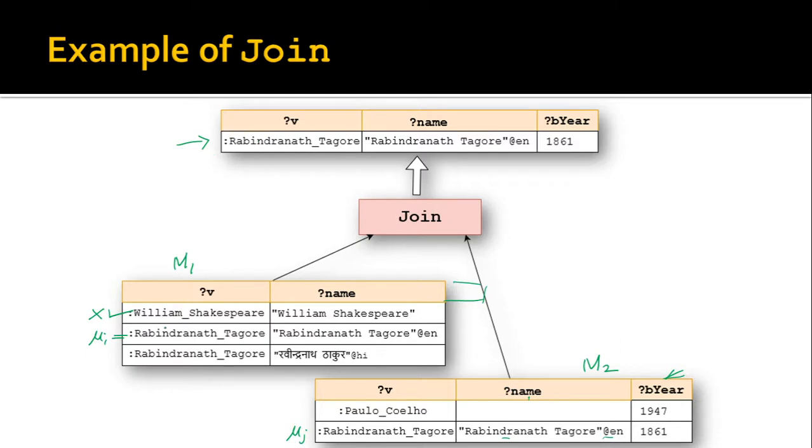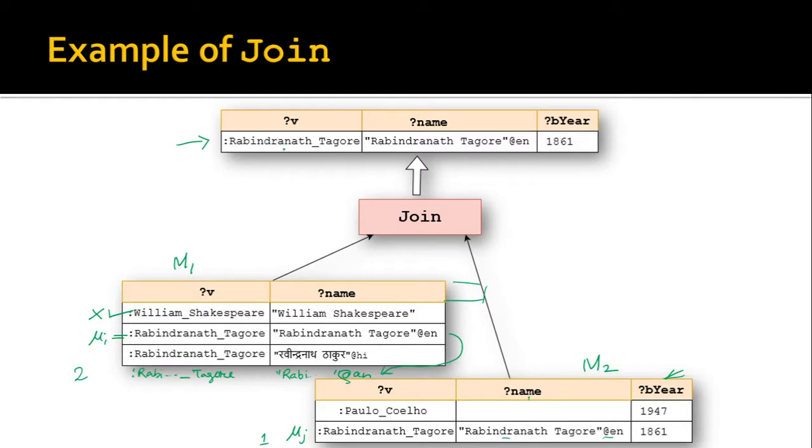Once, right? Now let us assume for the sake of simplicity that this Rabindranath Tagore is repeated here. So we can have repetition. So for example, you have something like Rabindranath Tagore underscore Tagore, I'm not writing it properly perhaps, and here we have got the same thing, Rabindranath Tagore, then followed by En. Basically, we are repeating this entity. Now here the multiplicity of mu i is 2, but here the multiplicity of mu j is 1.